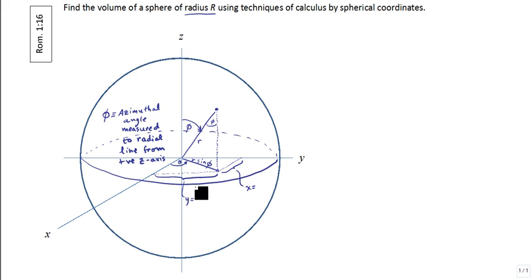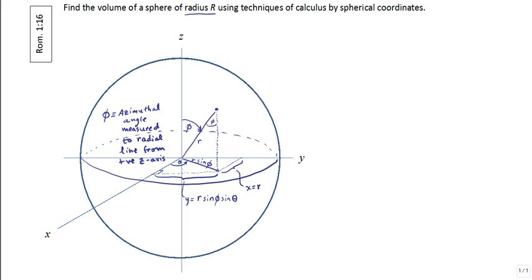Okay, so then I could say that this length here, the r sine phi, which is the projection of our radial line out to the point, is going to have a y dimension, as I've denoted here, of r sine phi sine of theta, which is gotten by considering that this is a right triangle lying in that xy plane.